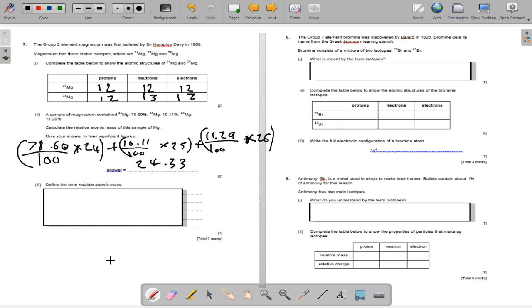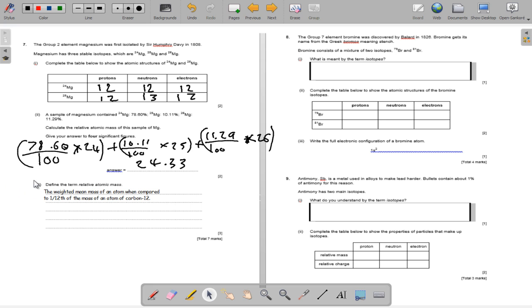So that's how you get to that answer, and the term relative atomic mass is the weighted mean mass of an atom when compared to 1/12 of the mass of an atom of carbon-12.